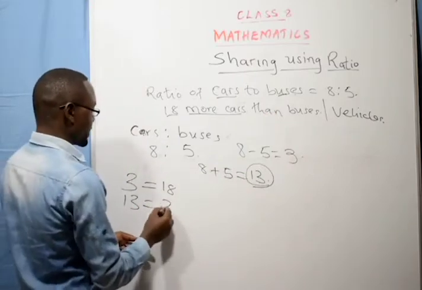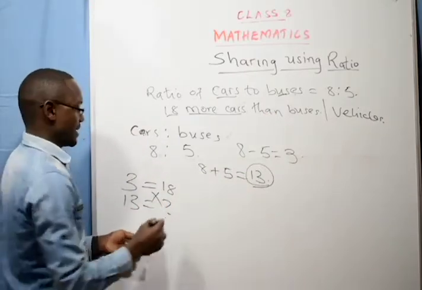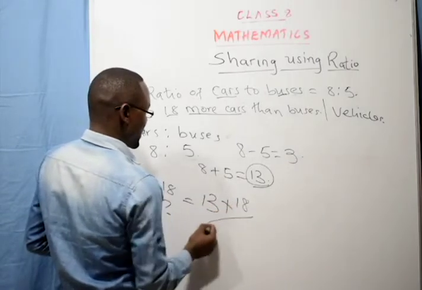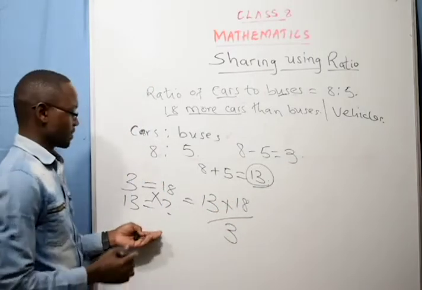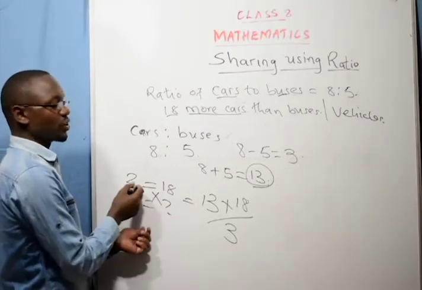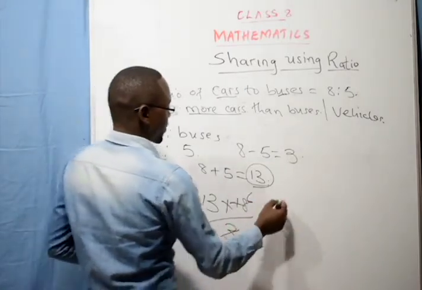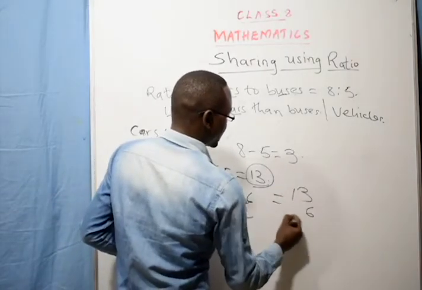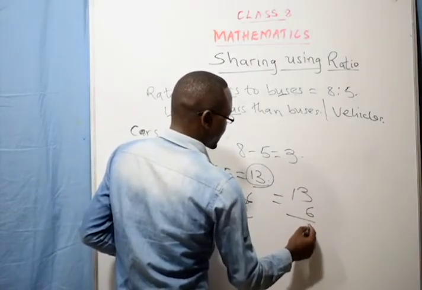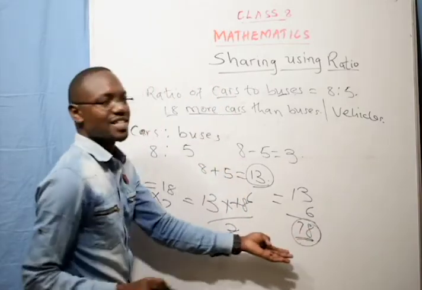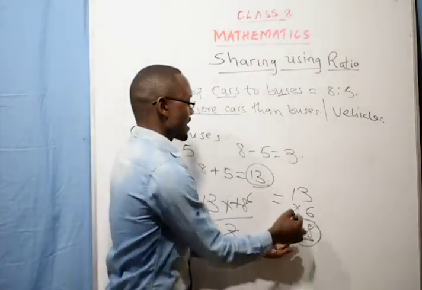So we cross multiply: 13 times 18 divided by 3. 3 into 18 is 6. So 13 times 6 is 78. So there are 78 vehicles in that garage.